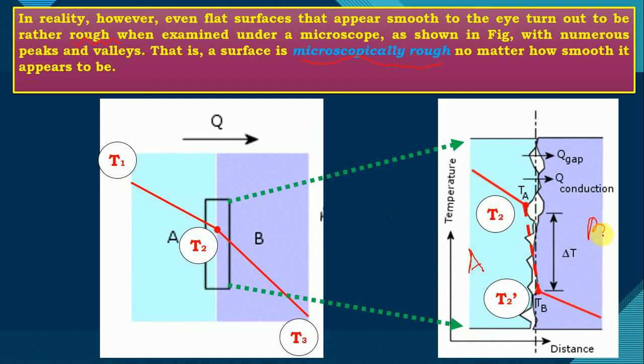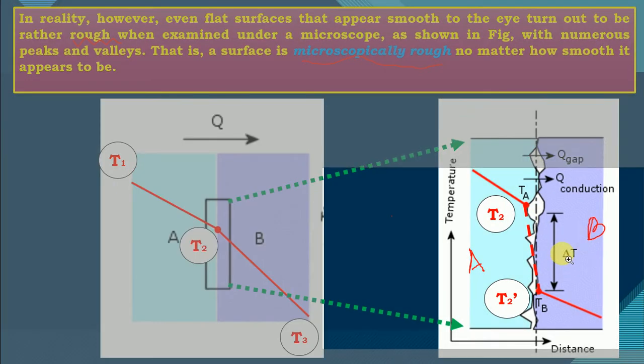Materials A and B are in contact at some points. They do not contact throughout the surface, and heat is transferred through those contact points. In between we have air, and this air acts as an insulator.